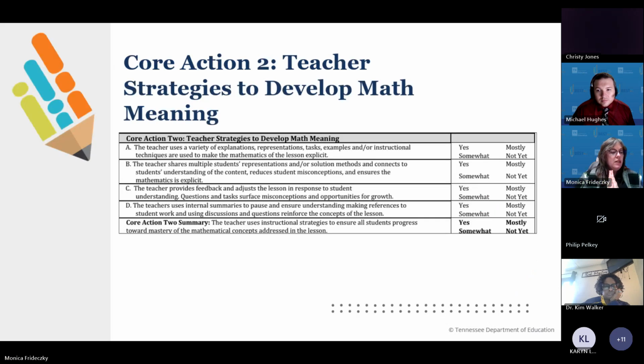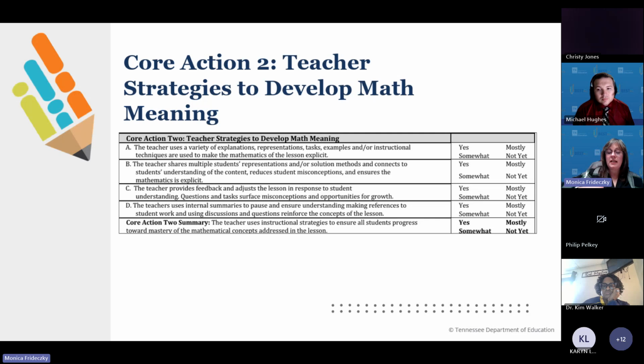Okay, so let's look at core action 2. Core action 2 is teacher math practices. NCTM, the National Council of Teachers of Mathematics, has listed 8 math teaching practices, MTPs, I guess is what they're called.